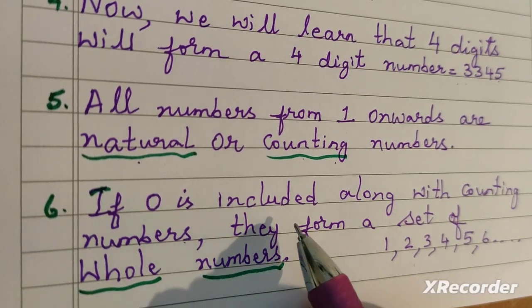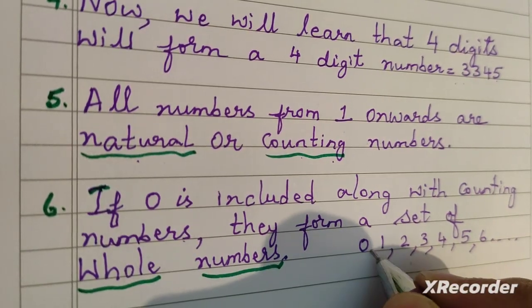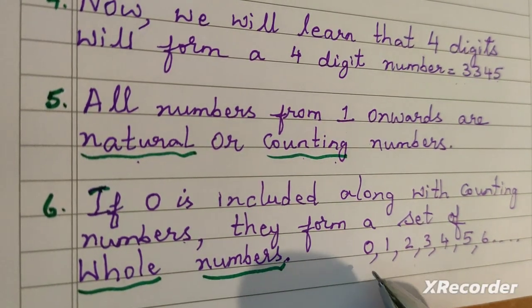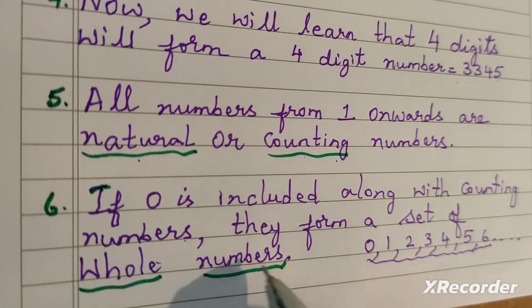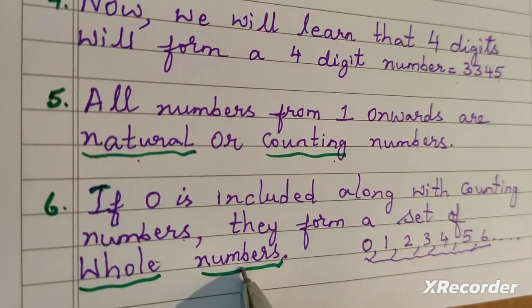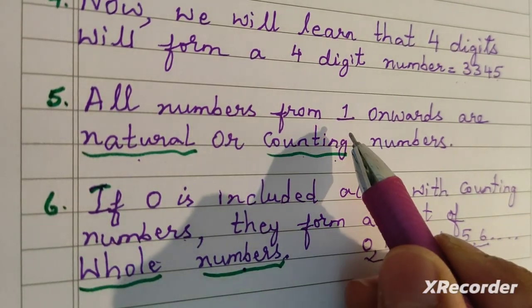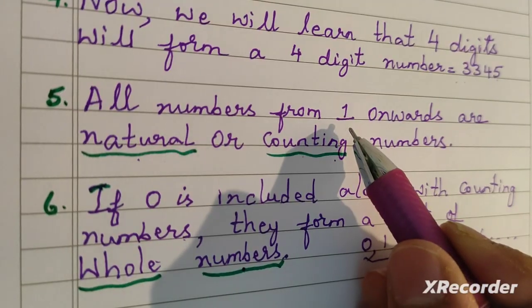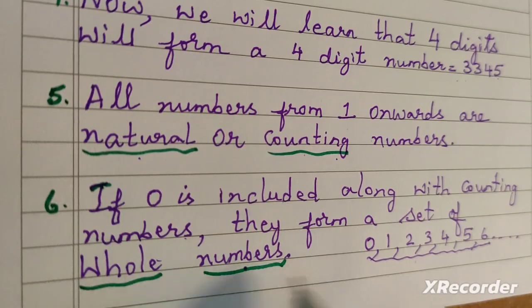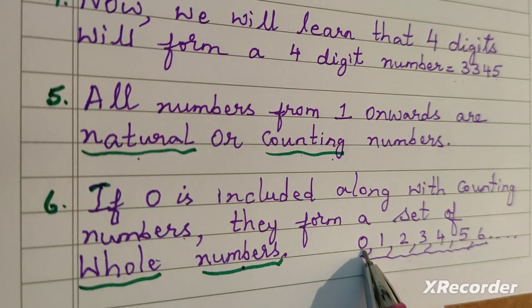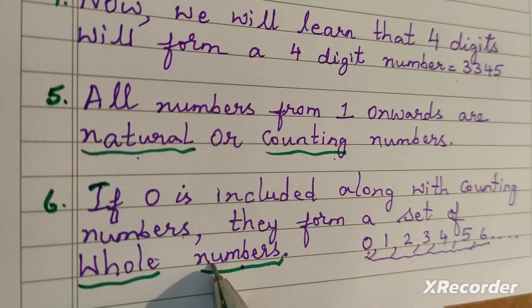If you include 0, then these are all called whole numbers. Counting numbers are from 1 onwards. If 0 is also included along with the counting numbers, they are called whole numbers.